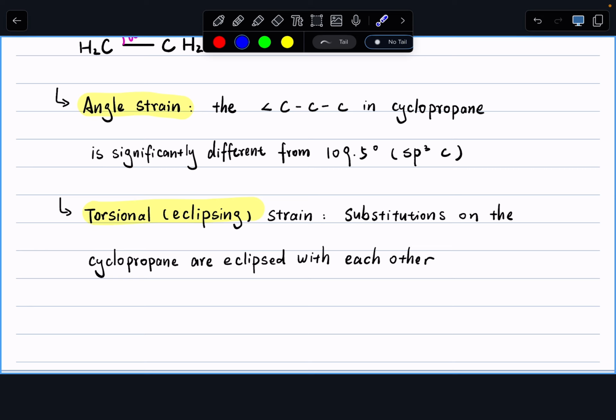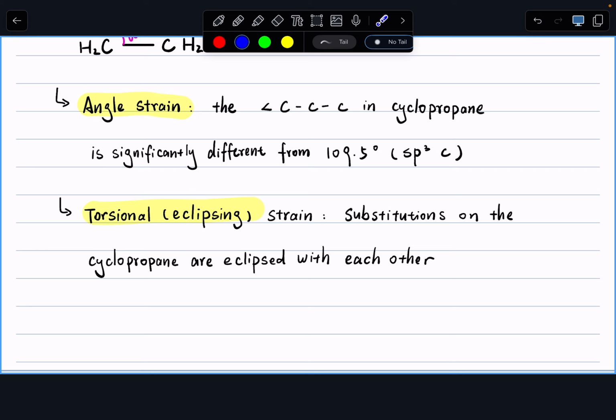That's why cyclopropane is a relatively reactive molecule in organic chemistry: it is not stable itself, so breaking these carbon-carbon bonds is more thermodynamically favored as we release all this strain. Also, bonding in cyclopropane is very special, and we're still studying it, but nevertheless, cyclopropane is a strained molecule.